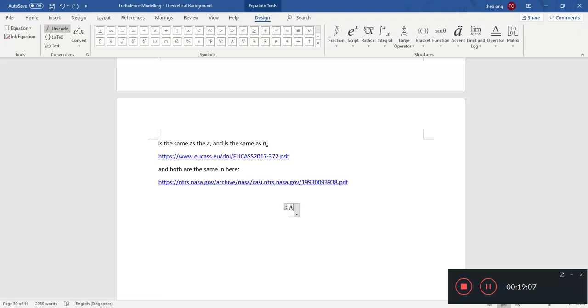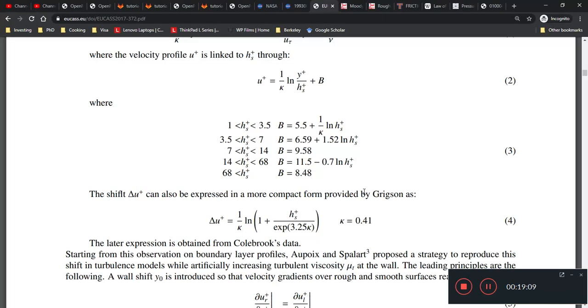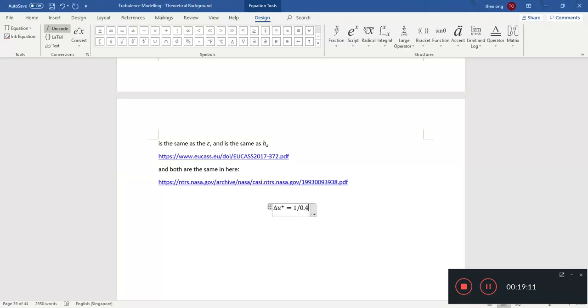Delta U plus equals 1 divided by 0.41 times ln of 1 plus HS plus over exponential 3.25 times 0.41.